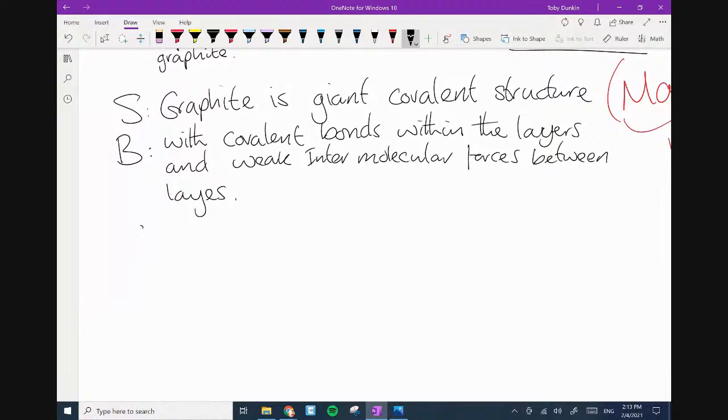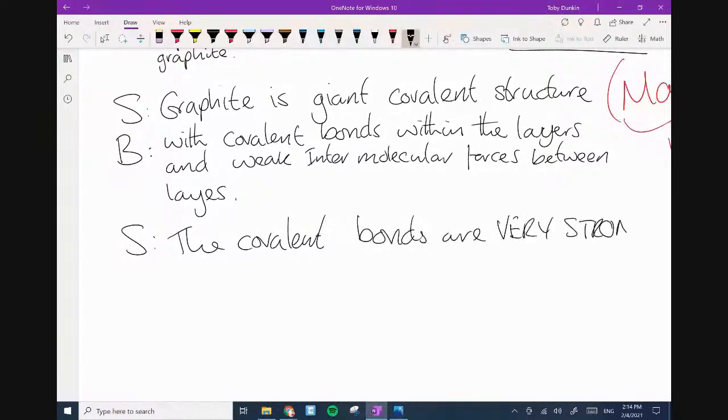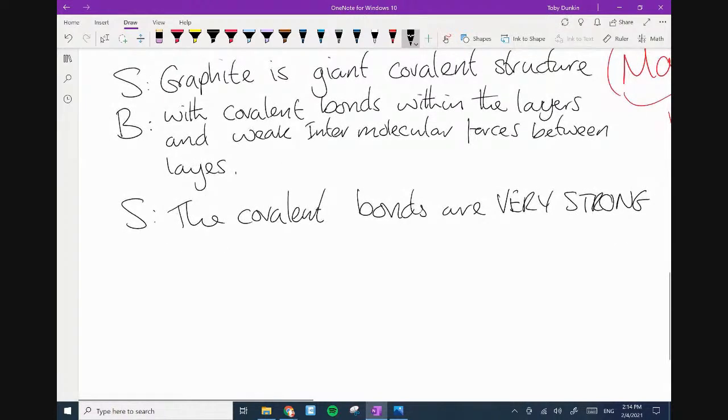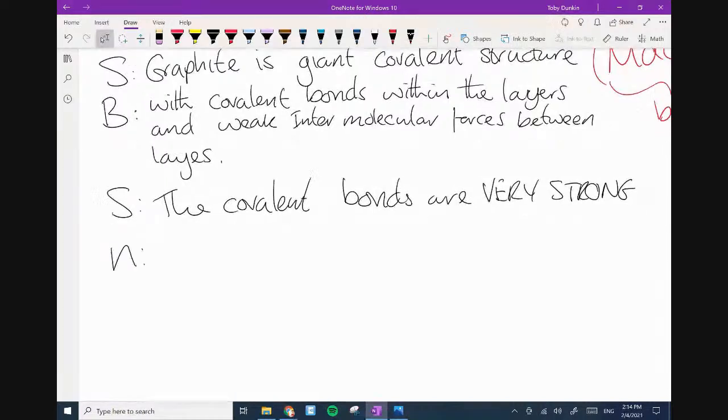Strength. The covalent bonds, you ignore the WIMPs now. The covalent bonds are very strong. Now here's the clever bit. Number. So we've usually been saying there are millions of bonds to break. There are. We've still got to say that.